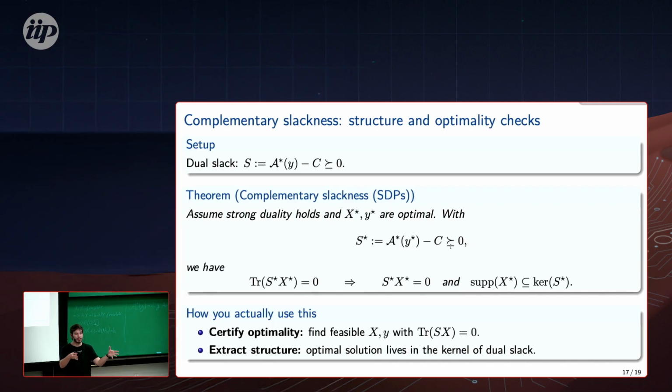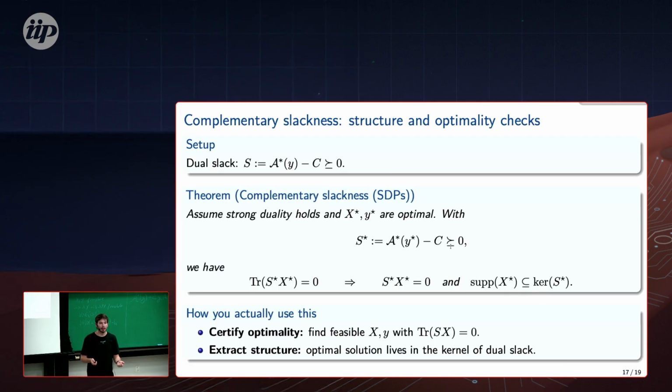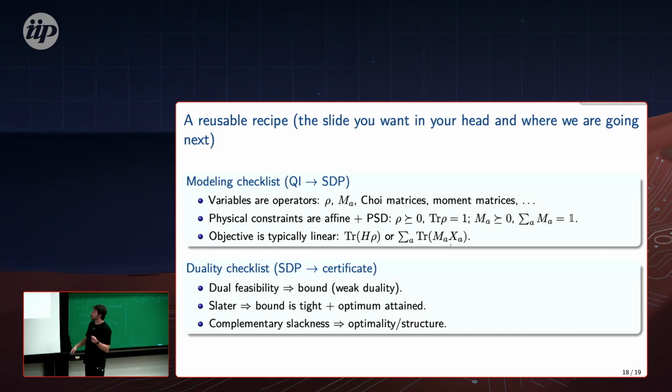If you go back, for instance, to the state discrimination problem we talked about before, this gives you some equations about what the optimal measurements look like, which can then be useful in certain quantum information theory tasks, because you know the optimal satisfies this and that. So this is another nice thing about duality theory, what people call complementary slackness. You find the proof in the lecture notes.